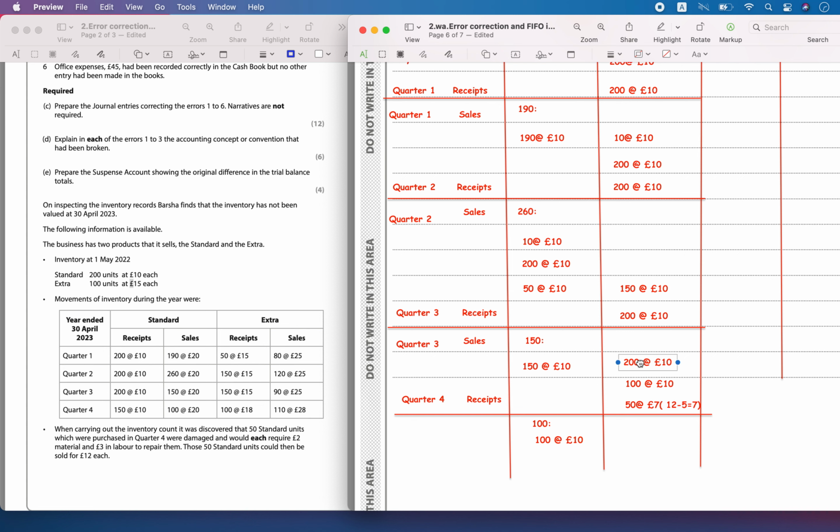The remaining will be 100 at 10 pounds, and you will also be left with 100 at 10 pounds and 50 at 7 pounds at the end of quarter 4. This is the inventory left with the business, called closing inventory. Now let's calculate the cost of the closing inventory.